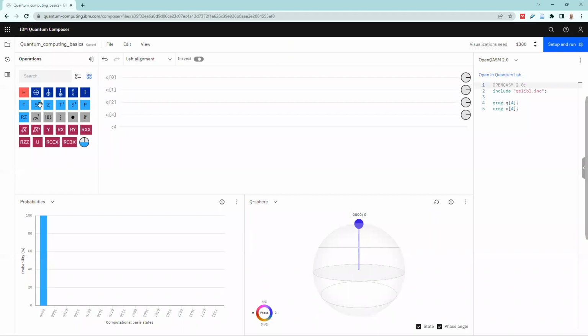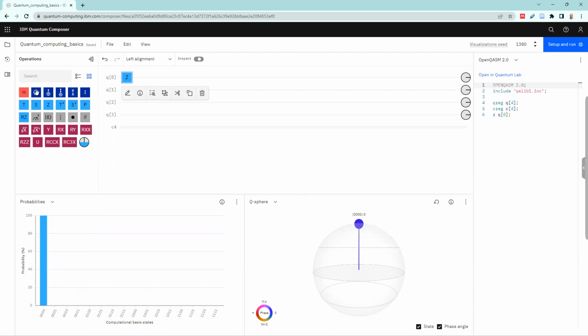Okay, so we have the state 0 in Q0. Let's apply a Z gate. So it does nothing, right? Nothing changed. Probability distribution stayed the same, and also, on the qubit pair, things stayed the same.